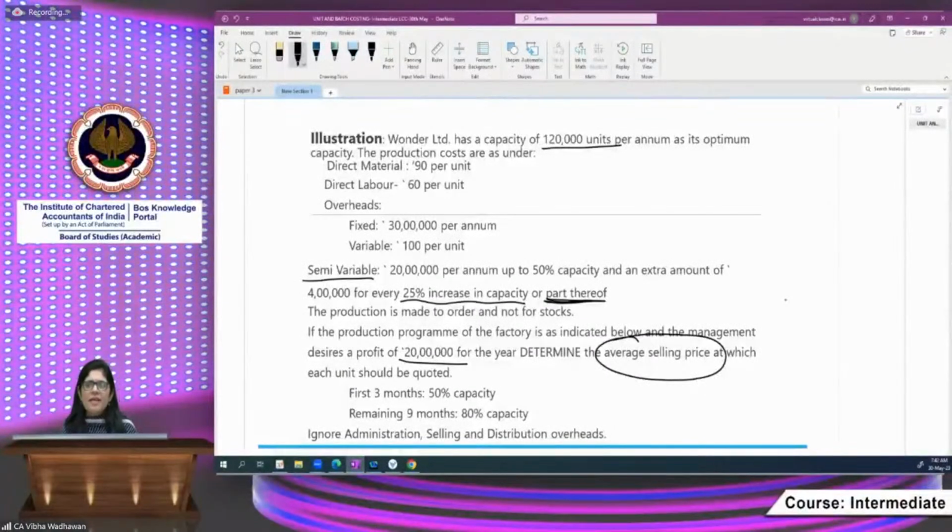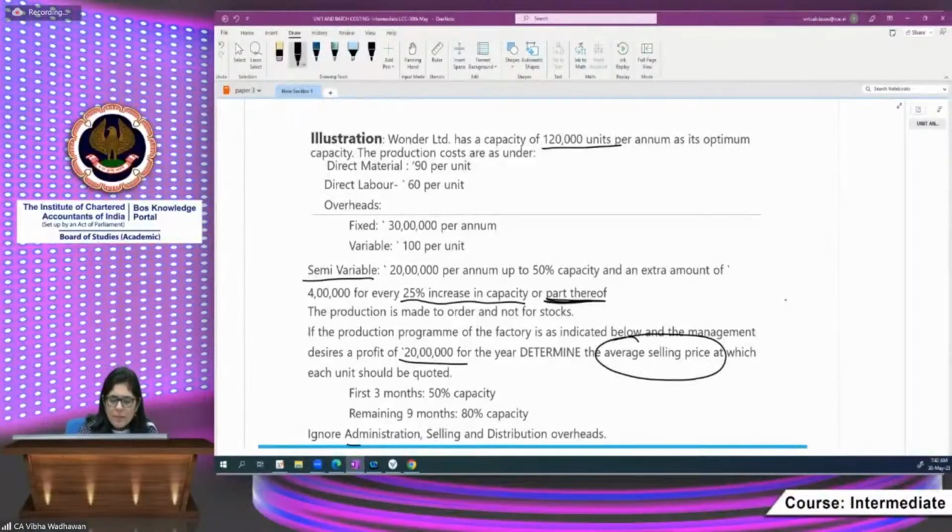So selling price means we should have the total cost, we should have the profit, and then the sales. Clear? So cost per unit, profit per unit, moving to the sales per unit. So if we have to calculate till selling price, that means we should have the total cost, then the profit up to the sales. So entire, again, all the elements of cost we have to see.